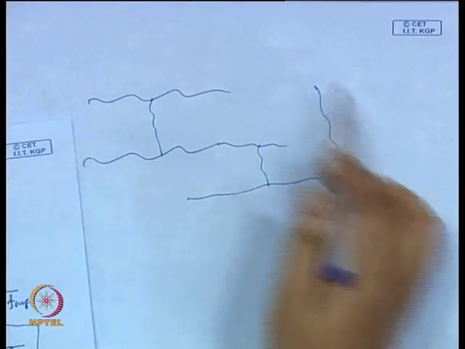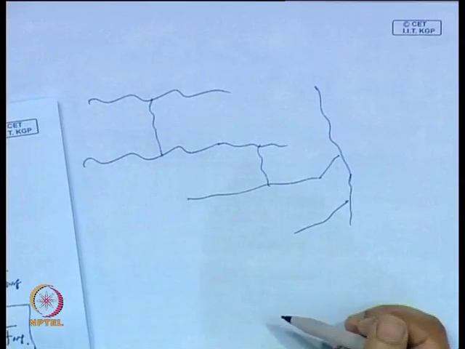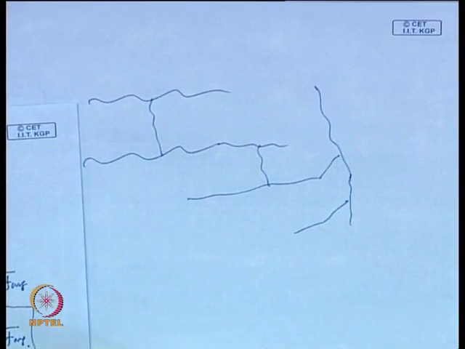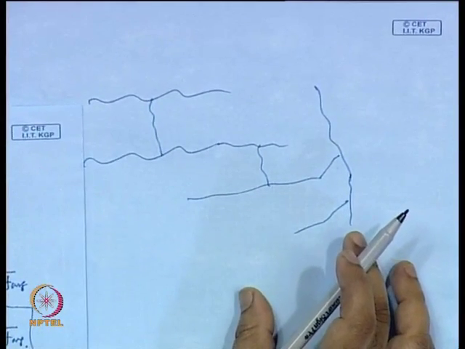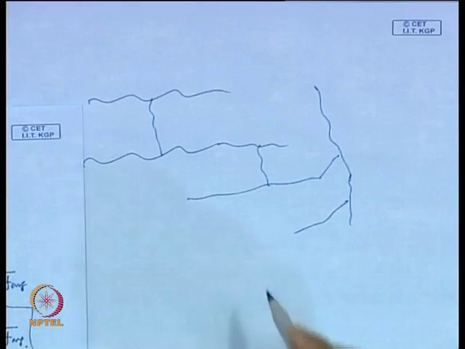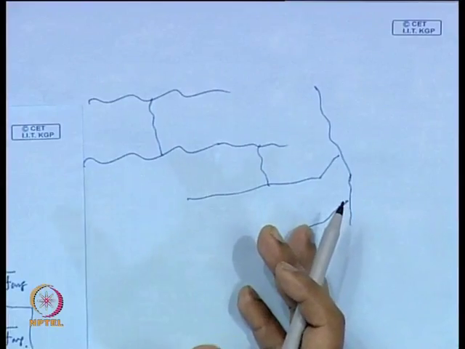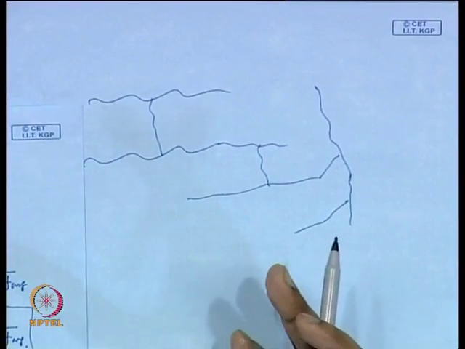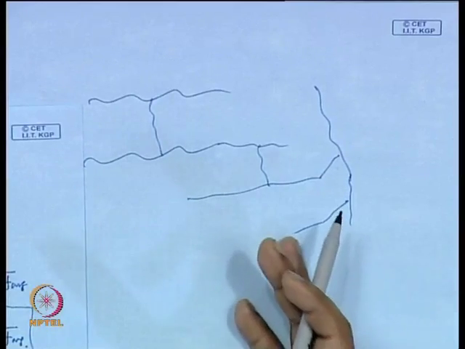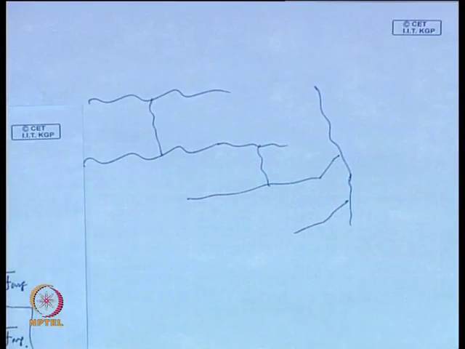So what is the molecular weight of this polymer? All chains are connected, there is no individual molecular weight. So at the point when you have a complete network formation, that is where the molecular weight becomes infinity. And that is the point where you can visibly see the gel formation.